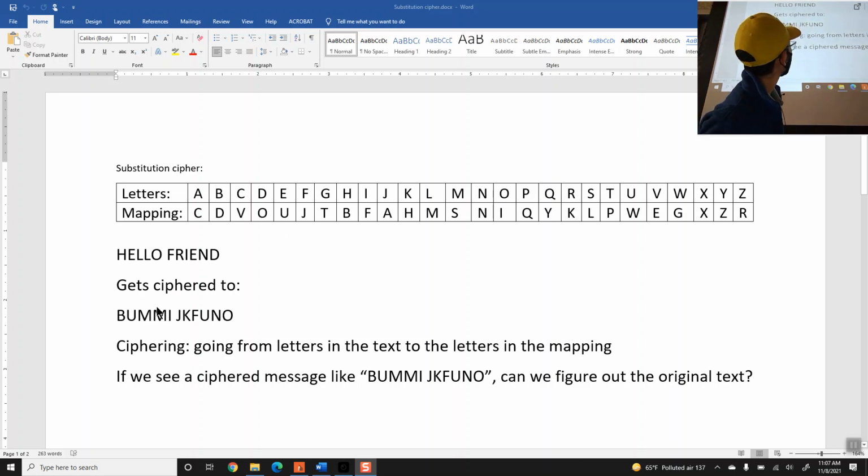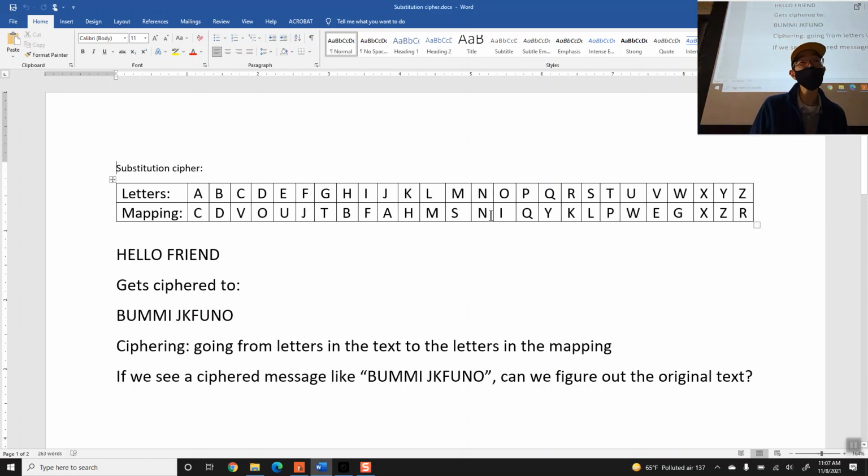N happens to be mapped to itself. That's just a coincidence; this is a random mapping. So the phrase "hello friend" becomes BUMMI JKFUNO.